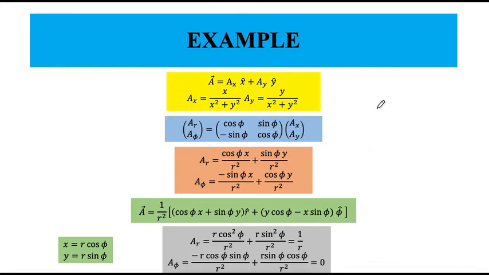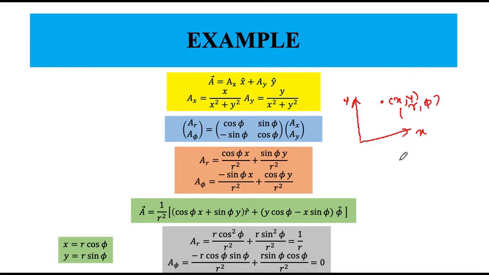Because a point which was originally represented in Cartesian coordinates as x and y, or x by r square and y by r square, to represent the same point in the cylindrical coordinate system, I still have to give the values of r and phi.